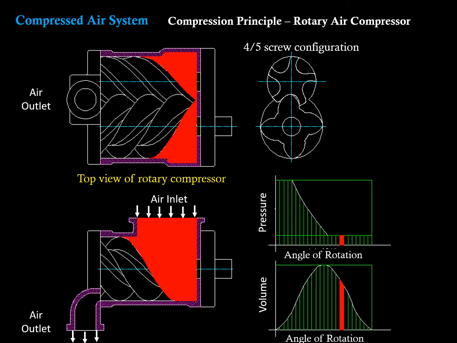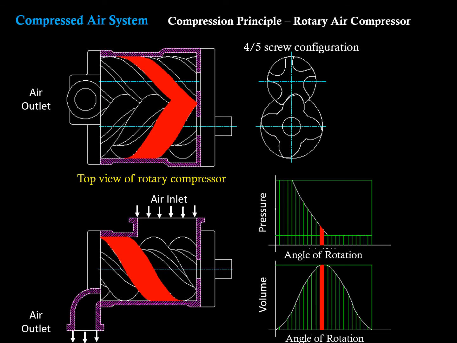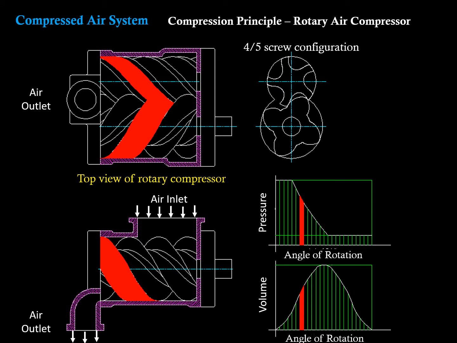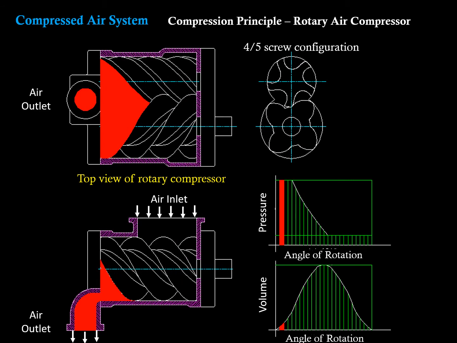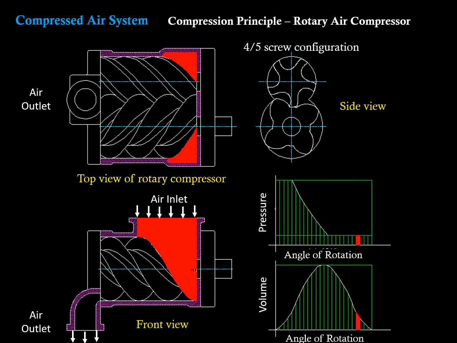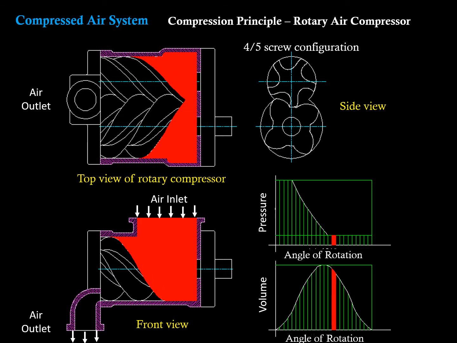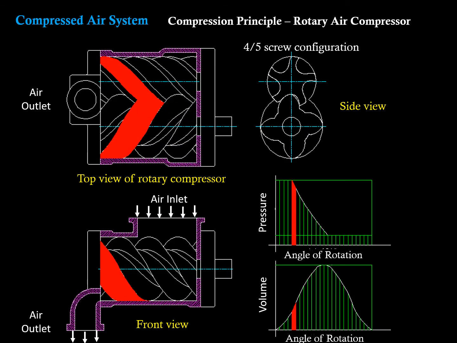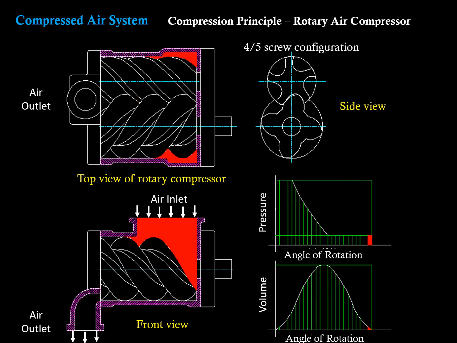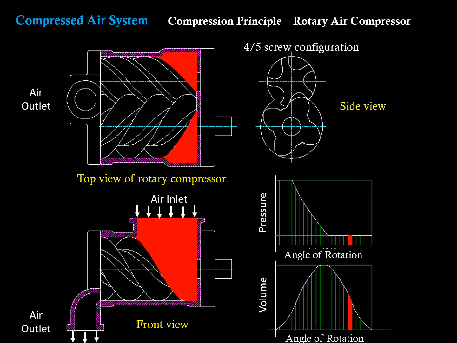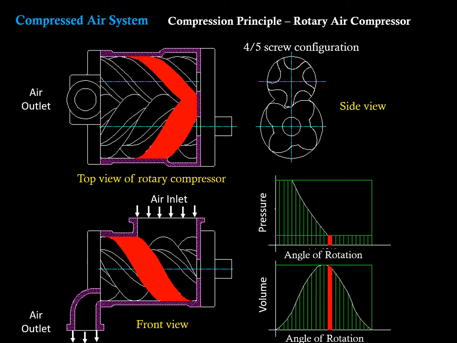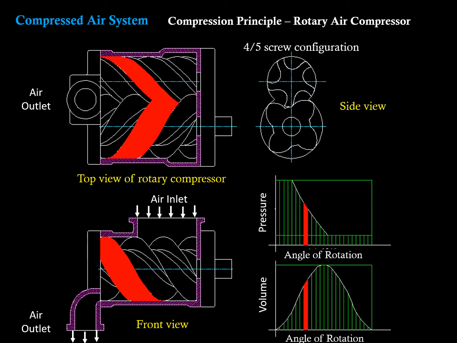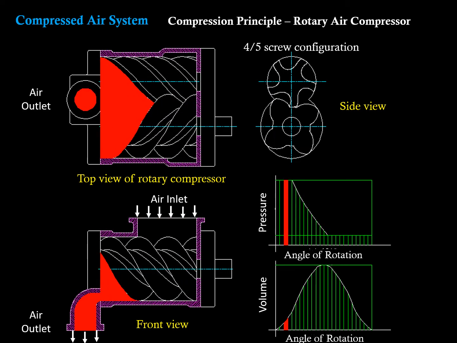On the left hand side, which is the top view of the rotary screw compressor, there is an air outlet. At the bottom left, this is the front view of the rotary screw air compressor, where air is getting sucked from the air inlet and then compressed in the compression chamber, and after compression it escapes out from the air outlet.